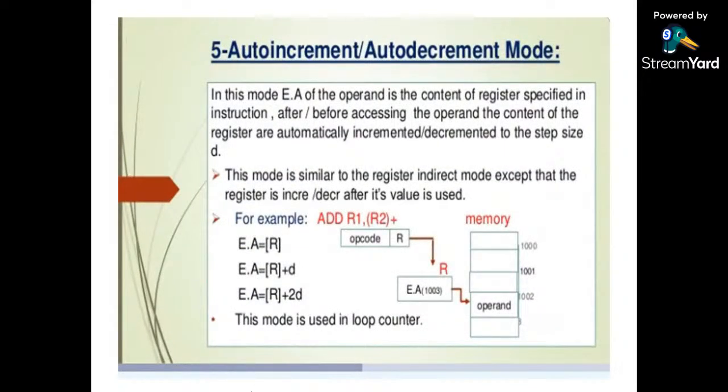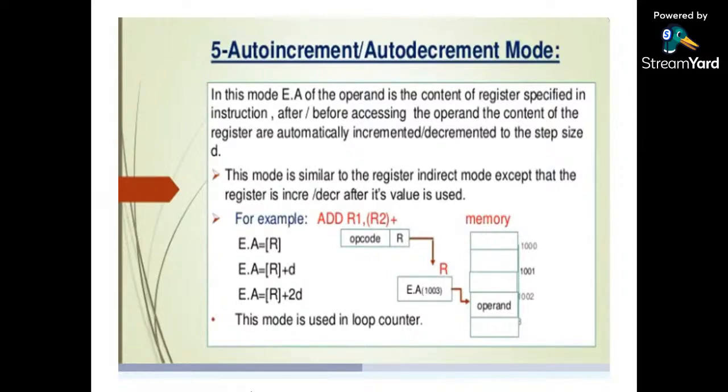Then we have something called auto increment and auto decrement addressing mode. What do we mean by auto increment and auto decrement addressing mode? Suppose you need to perform the addition of 10 values.